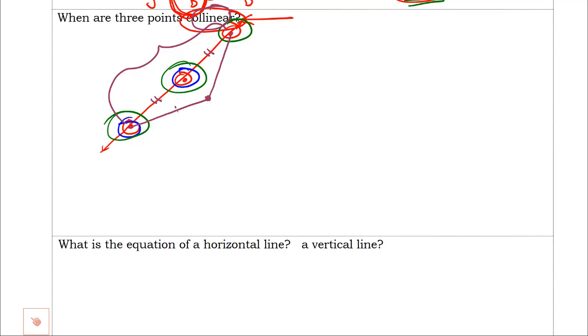If I take this distance and this distance and this distance, what's not going to happen? They're not going to add up, are they? So I can use the distance formula idea or the slope formula idea. Does that make sense?